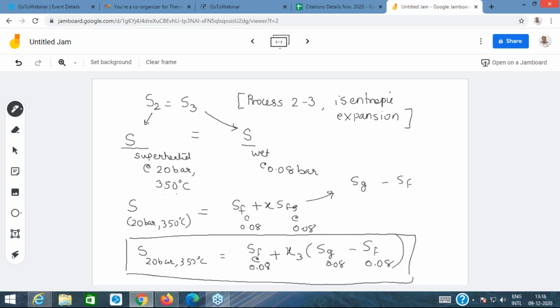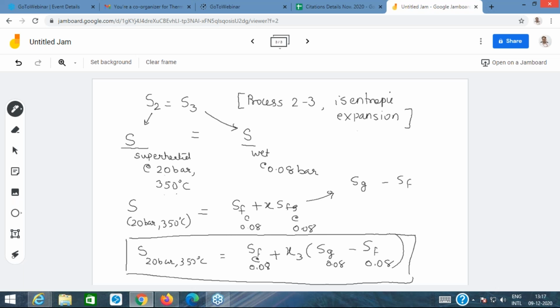It is expected that after expansion the steam becomes slightly wet. It's almost dry but slightly wet. So the entropy after expansion is the entropy of the wet steam, now at a lower pressure of 0.08 bar.